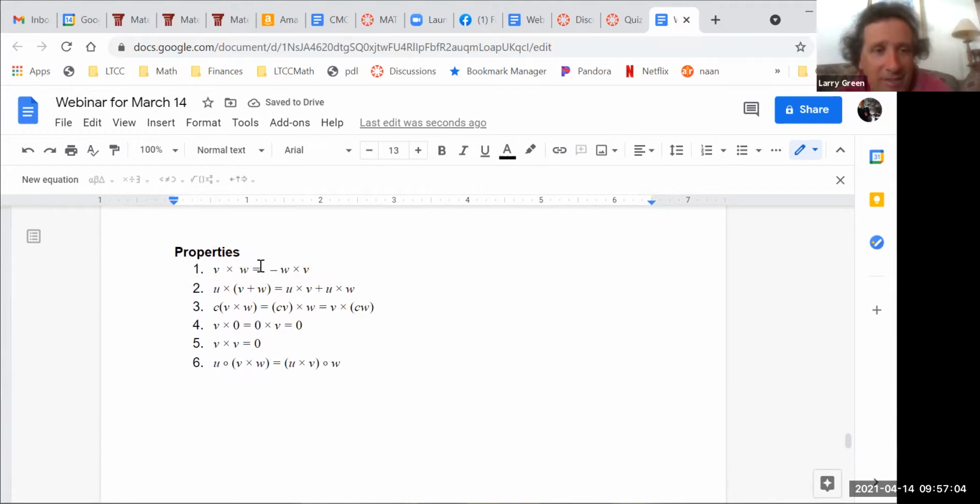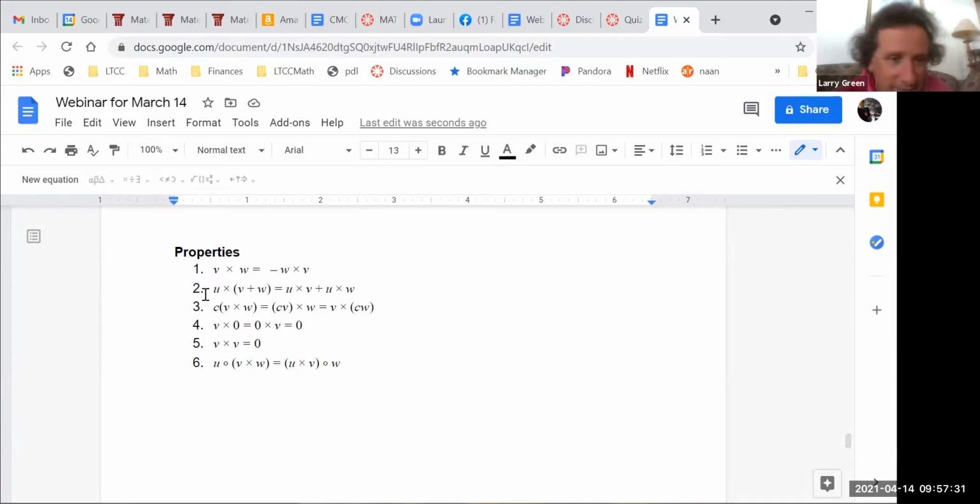V cross W is negative W cross V. You want multiplication to be commutative, but it's not. In fact, we call this anti-commutative instead of commutative. It's like bad commutative. So again, you can't call this multiplication because multiplication needs to be commutative.